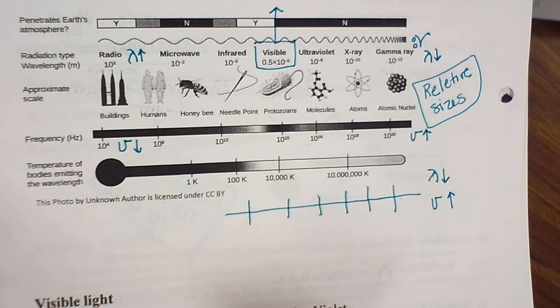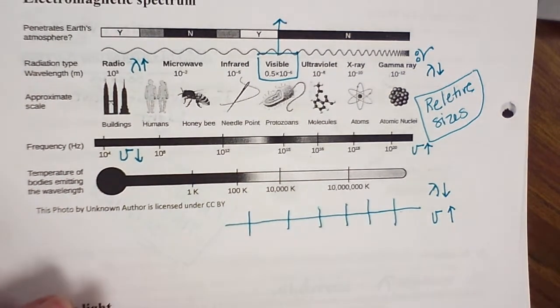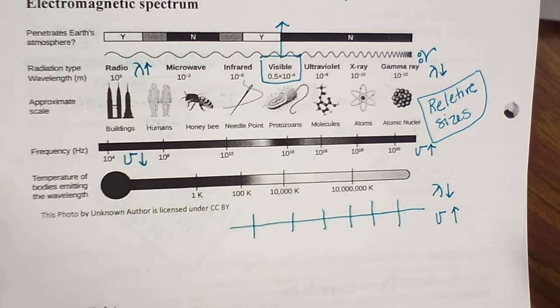You need to know comparatively which one has the larger wavelength, microwaves or X-rays. Which one has the lower frequency, ultraviolet or radio waves. So you would want to put these in order so that you can look at your scale and see relative to the other ones which ones are where. You do not need to know numbers. You just need to know which ones go where, relative to each other, which one has larger or smaller of what, okay?